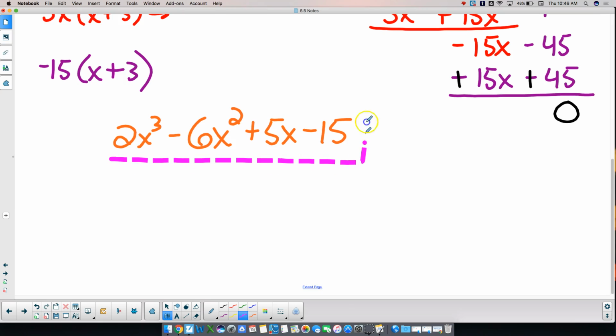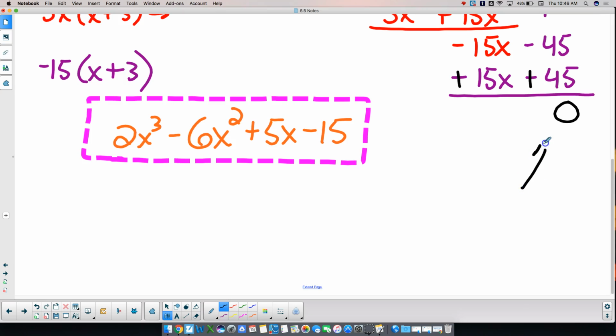Now, more importantly, what does this tell me? There's no remainder. Okay, so there's no remainder in the problem. What does that tell me?